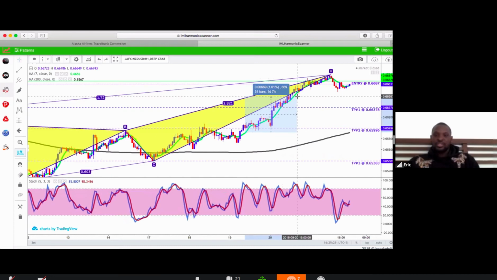Sheesh. Wait, that's 66 pips already. Look at that. That joint went to 106 pips, right? 106 pips right there, from that entry right there.